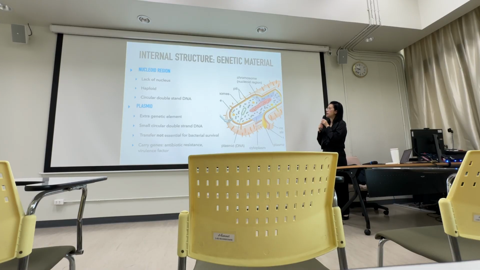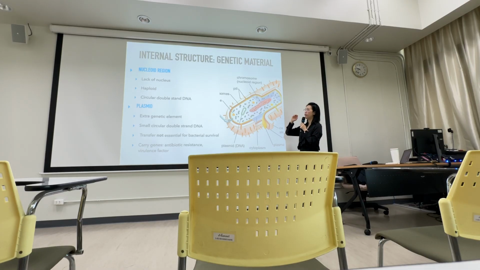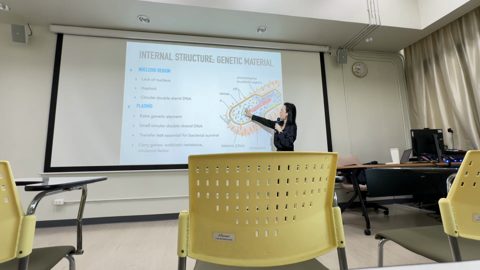As bacteria are prokaryotes, they have only nucleoid regions and lack a nucleus, as we know, that is, non-membrane-bound organelles. And the chromosome of the bacteria is circular double-stranded DNA. The other part of the genetic material that bacteria have, we call plasmid. A plasmid is a small circular DNA of the bacteria.